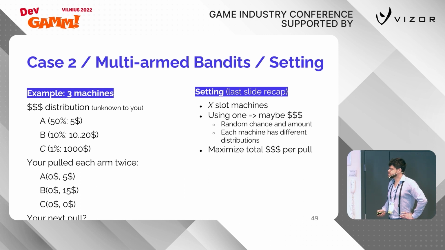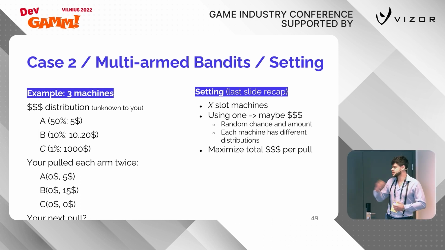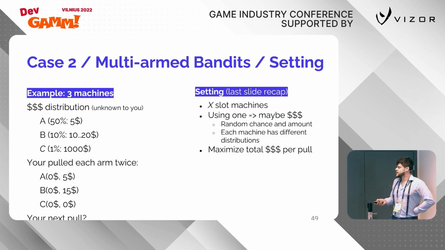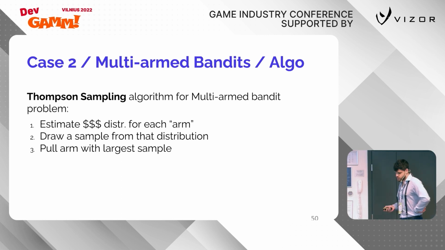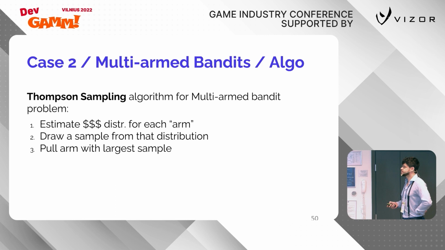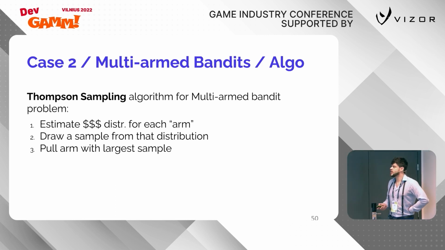This set of algorithms provides a way to balance between exploration and exploitation, and they have some guarantees about maximizing total revenue. One of such algorithms, quite widely used, is Thompson sampling, and it's like 10 lines of code.